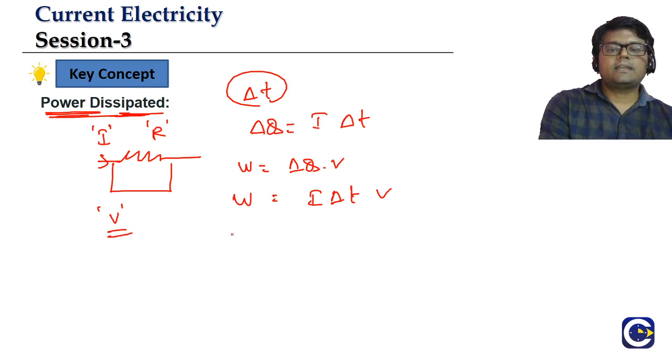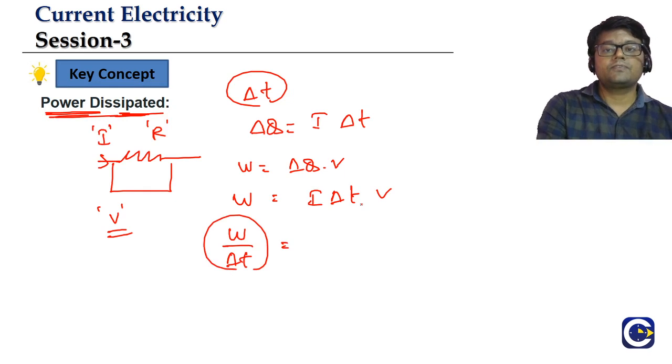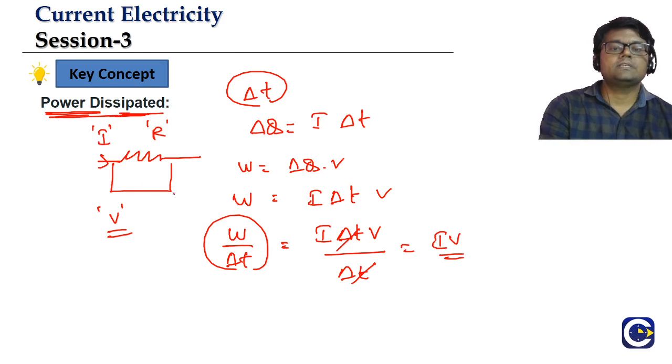If we look at the work done by the time taken, we are obviously looking at average values. Work done by time taken is I delta t into V divided by delta t, which gives us I into V. So this I into V is the work done by time taken. This is the power.